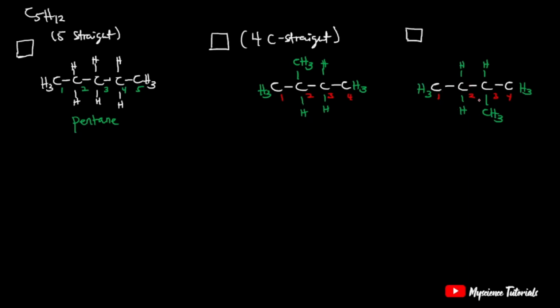So we are sure that we are going to get a different compound. So let's look at the name of this compound. All right, so once we have a 4 carbon chain, we know that our parent name will be what? But. Okay, so this is butane.